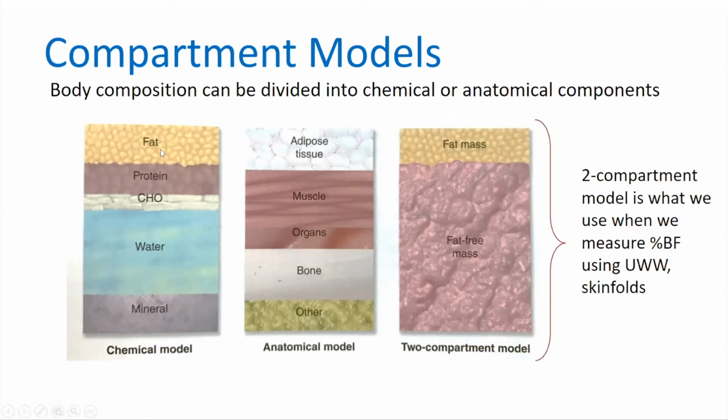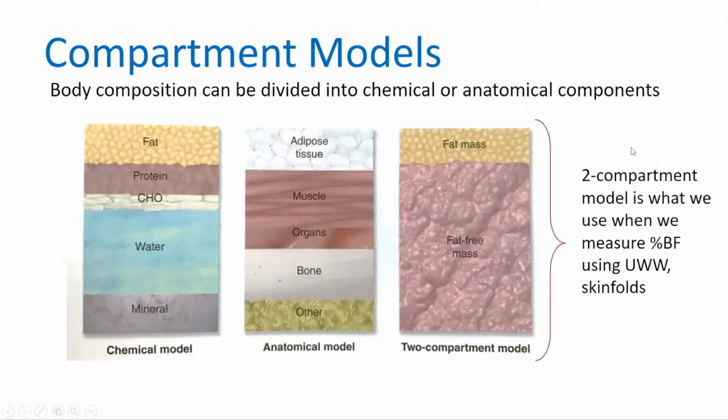So for example, for the fat component, this would include both adipose tissue and the essential fat of the cell membranes. In the anatomical model, this breaks down the body into functional compartments. So it'll break it down into the organs, the muscles, the adipose tissue, and bone.